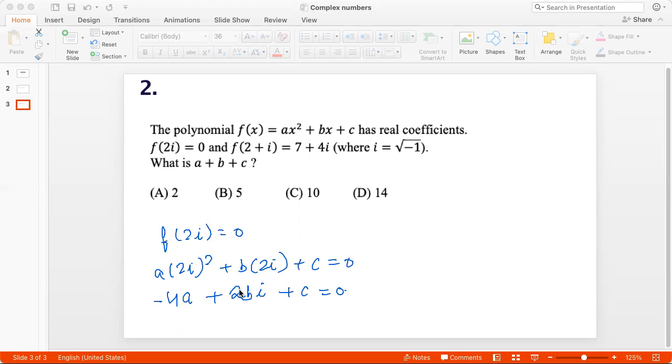If we separate the real and imaginary parts, we can say minus 4a plus c, that's the real part, plus 2bi, that's the imaginary part, is 0.